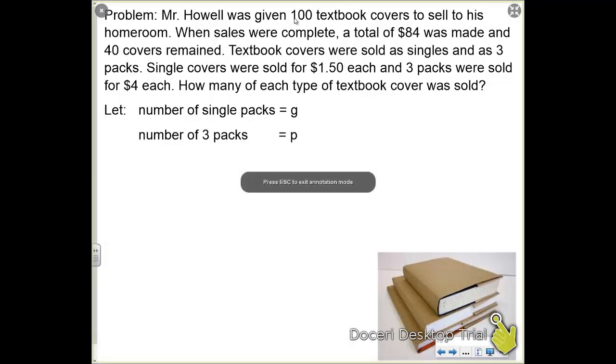The first thing I'll note here is that I started with 100 textbook covers, and I ended with 40. If we do a quick little math there, we can tell that I sold 60 covers altogether.